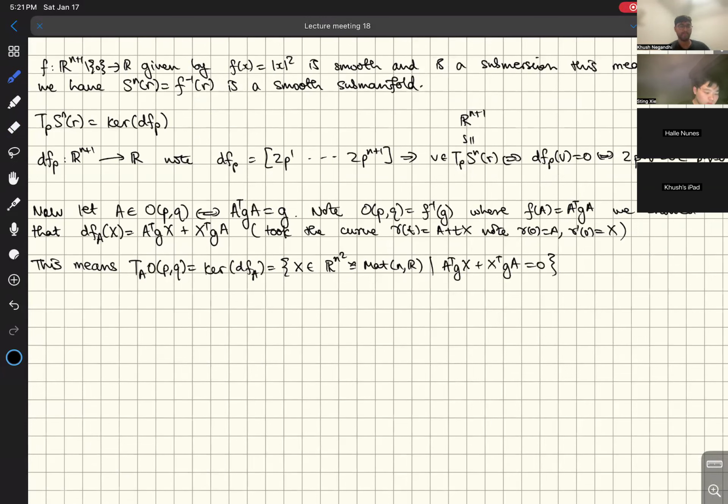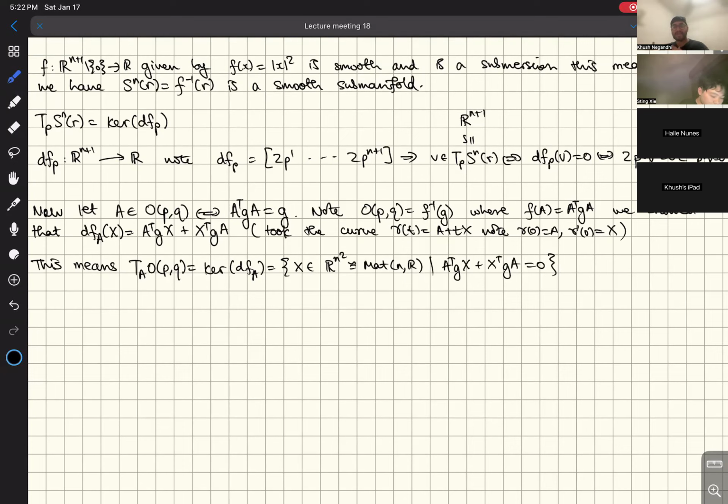Okay. That's for the orthogonal groups, right? So again, if you remember, we don't really care too much about the orthogonal groups, but rather we care about the special orthogonal groups. And in the case of Lorentz transformations, we care about the restricted Lorentz group, which is the restriction of the orthogonal group to the identity connected component. So essentially, this doesn't cut it, right?